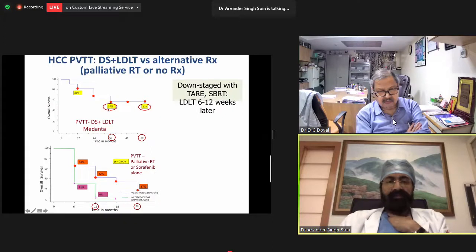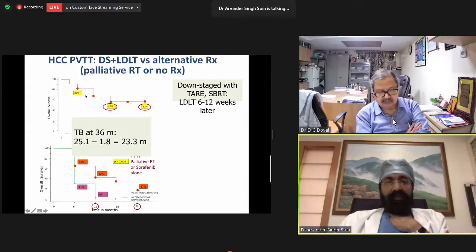And this is the survival. These are actual figures, and we've actually had 57% long-term survival. If you compare it with the alternative therapies, which means palliative RT with or without sorafenib, they do pretty pathetically, and there is a huge advantage in terms of a transplant benefit at 36 months of around 23 months.